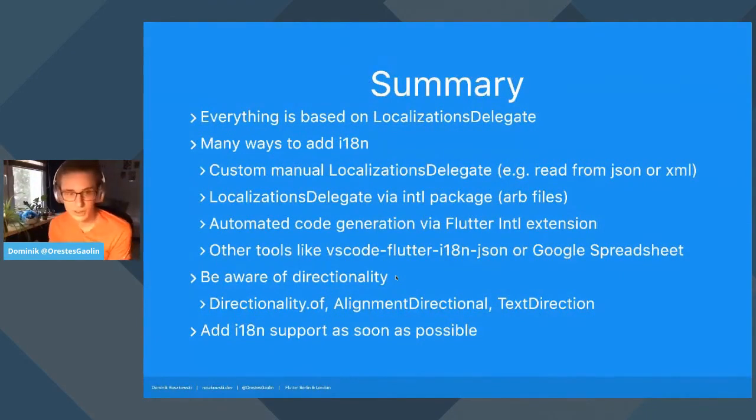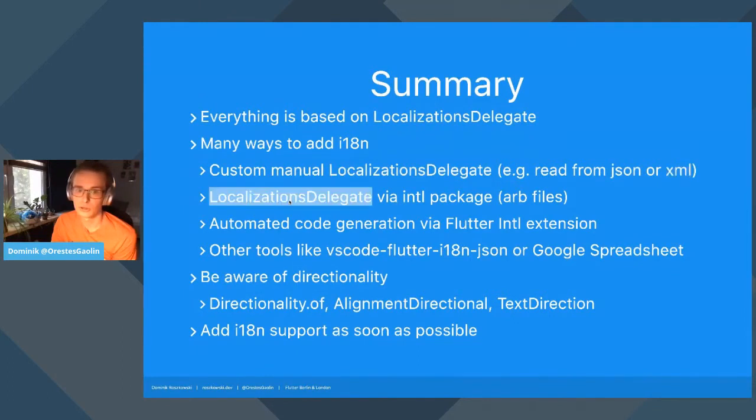So as you saw from the beginning till the end, even this very last way of translating your app, everything is based on the localization delegate. Even this extension is using the localization delegates under the hood. So you can fairly easily understand this on your own. As you saw, there are many ways to add translations, internationalization, to your app. You can use some custom localization delegate that will read the translation terms from JSON or XML.